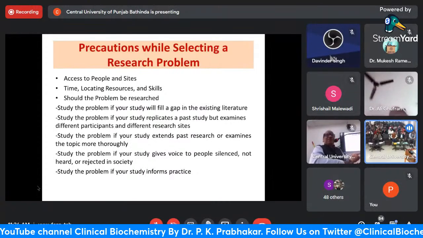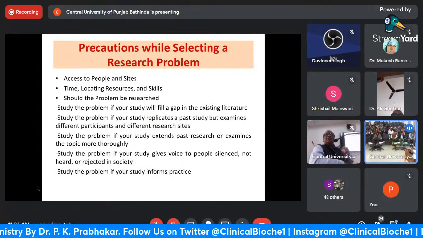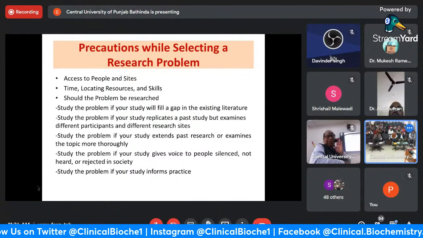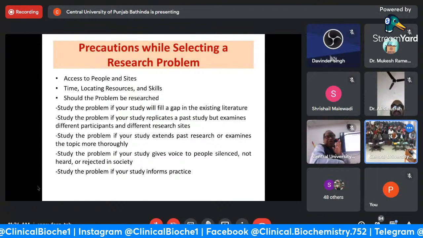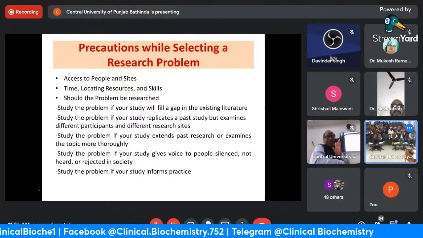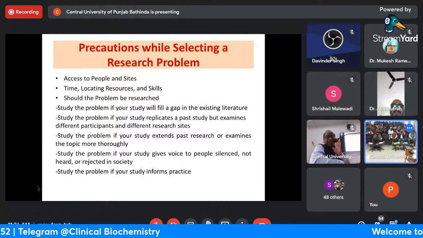Perception, reaction, whatever you are doing, that should also be there. So there should be a combination of all these. But if we wrongly analyze our research questions, we are committing errors.